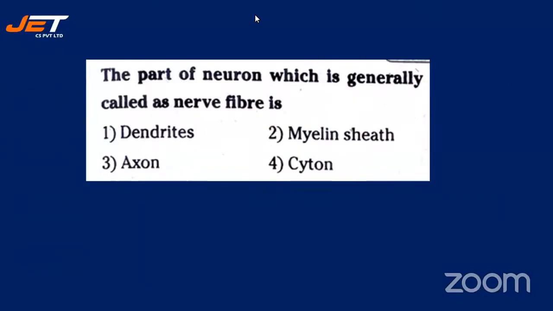The part of neuron which is generally called as nerve fiber. So nerve fiber is the part of neuron which is generally called as nerve fiber is. Yes, very good.